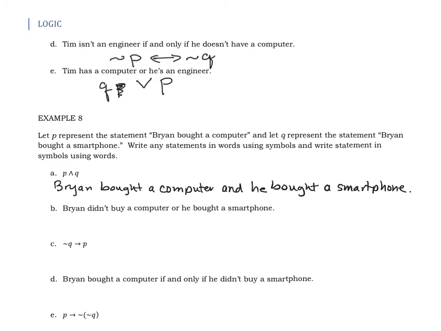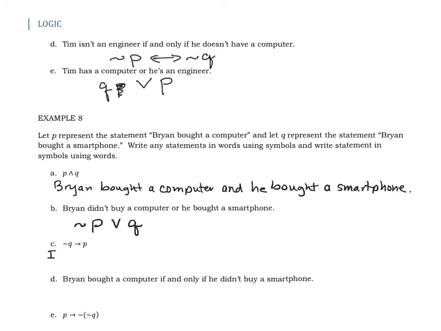Okay, Brian didn't buy a computer, or he bought a smartphone. So B was buying a computer, so he didn't do that. Or is going to be our disjunction, and then it says he bought a smartphone, so that's going to be Q. All right, so we have a negation of Q first.